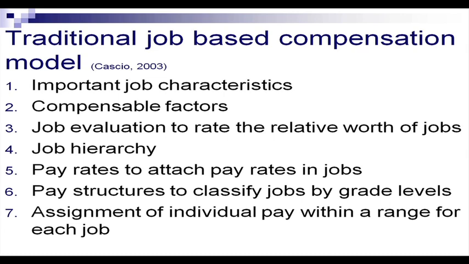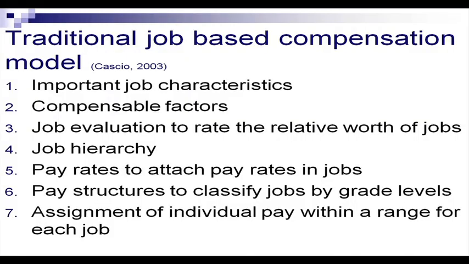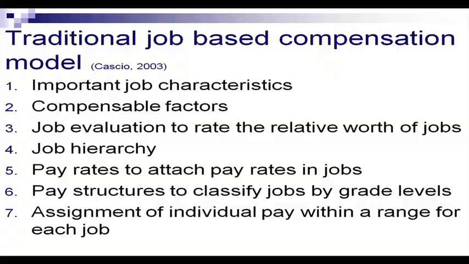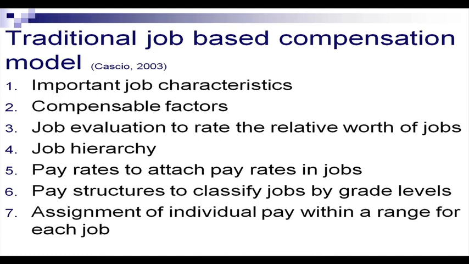So this is a function of the characteristics of the job, how the job is defined, the compensable factors as I explained to you, what the organization pays you for, what kind of output the organization pays you for, job evaluation to rate the relative worth of jobs, which of these jobs is more important, which is less important, what you can do without, what you cannot do without, job hierarchy, again the prioritization of different jobs within a large setup, the pay rates attached, pay rates in the organization, in the industry to attach pay rates to jobs, the pay structures that you decide to classify jobs by grade levels.